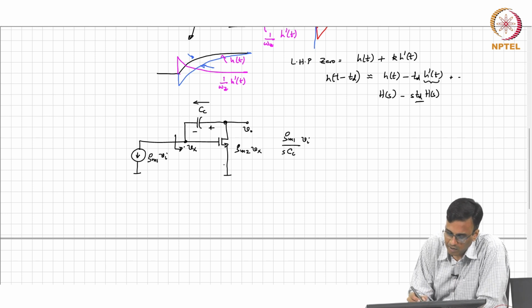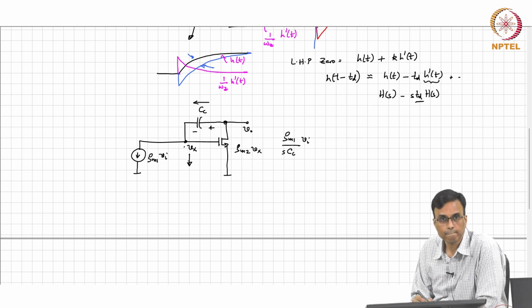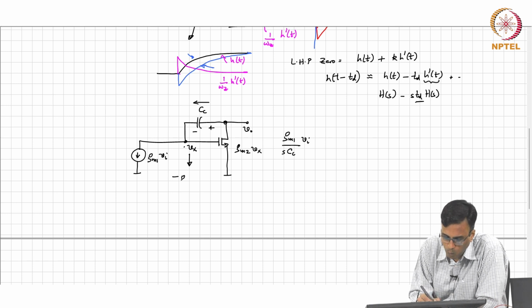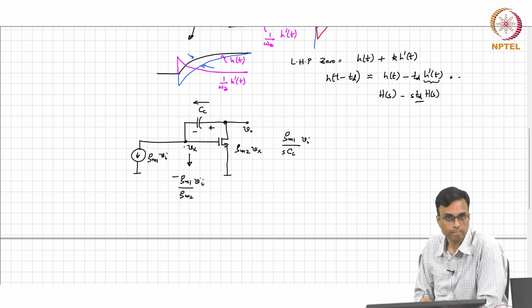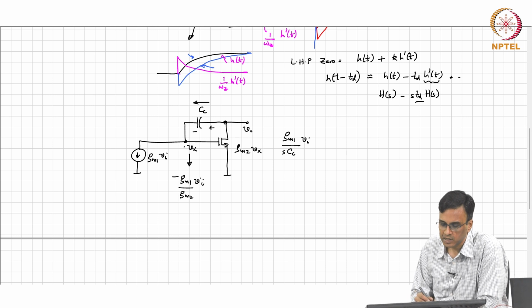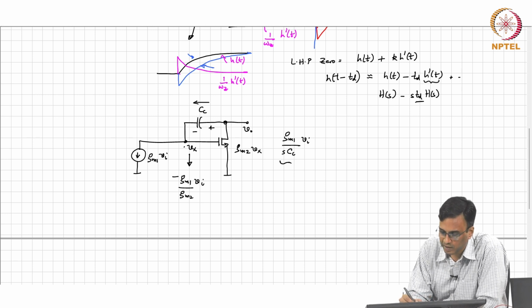So, what is Vx therefore? The looking in impedance is 1 over GM2. So, what is the voltage Vx? Minus GM1 by GM2 times Vi. So, what is the output voltage? That is basically the voltage across the capacitor.